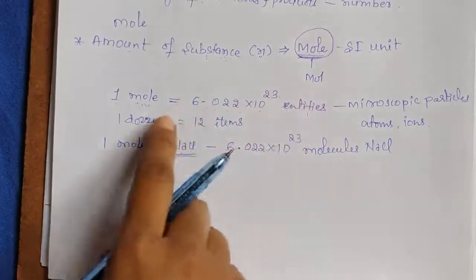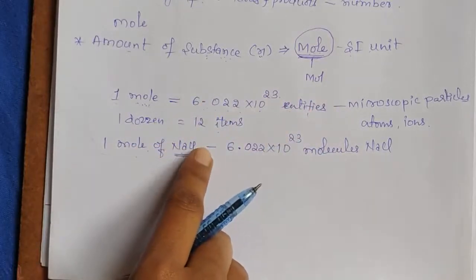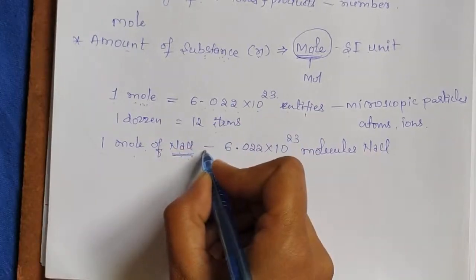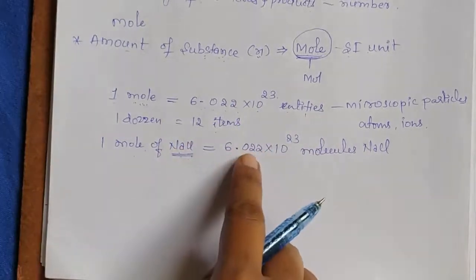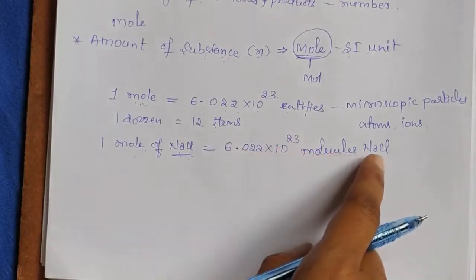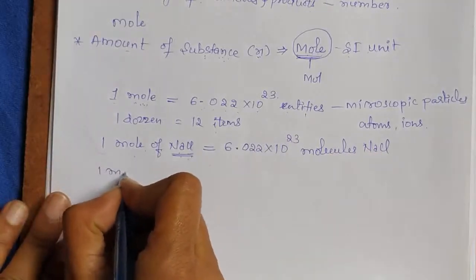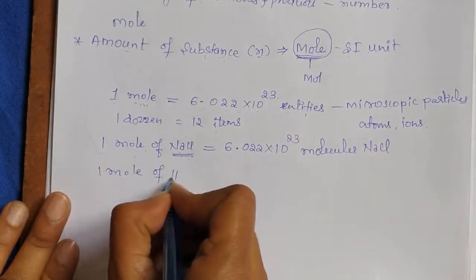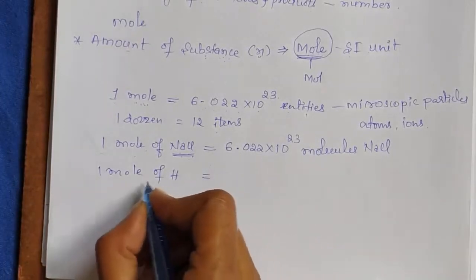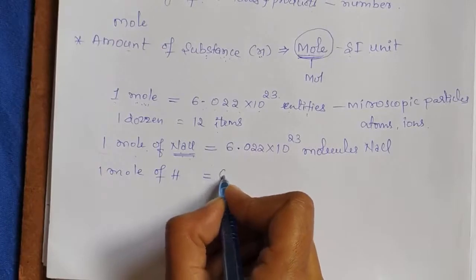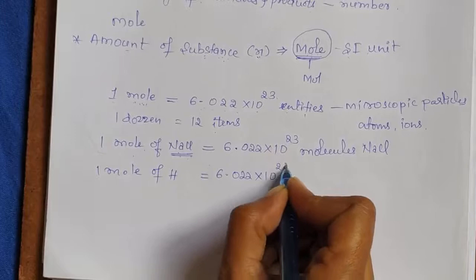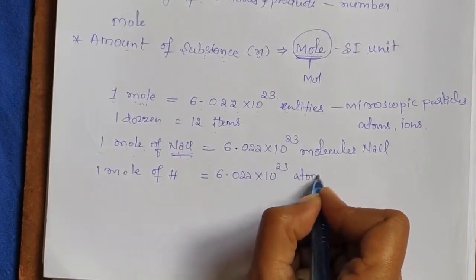It depends. 1 mole of sodium chloride has 6.022 into 10 raised to 23 molecules of sodium chloride. If I take 1 mole of hydrogen element, it has 6.022 into 10 raised to 23 atoms of hydrogen.